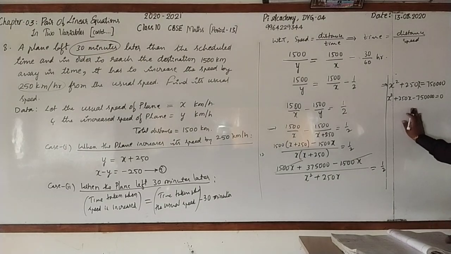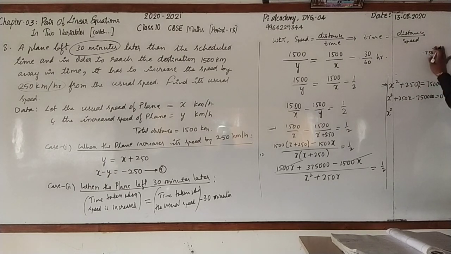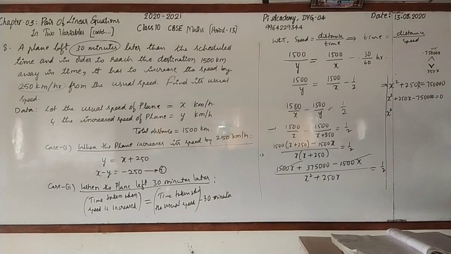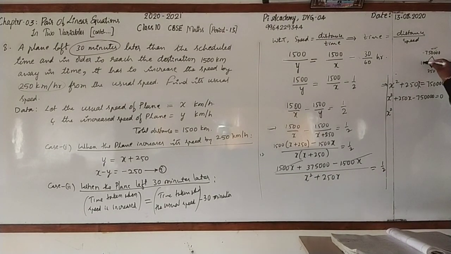How do you solve? By splitting the middle term. See that x square, it is 750,000, minus 750,000, and it should be split up, and when you simplify you should get 250x. How do you go for that? It is 1000 into 750.